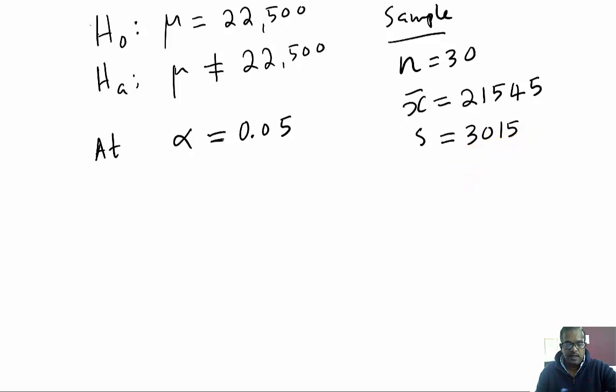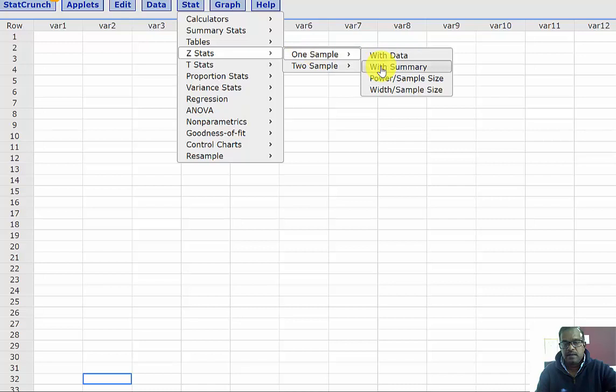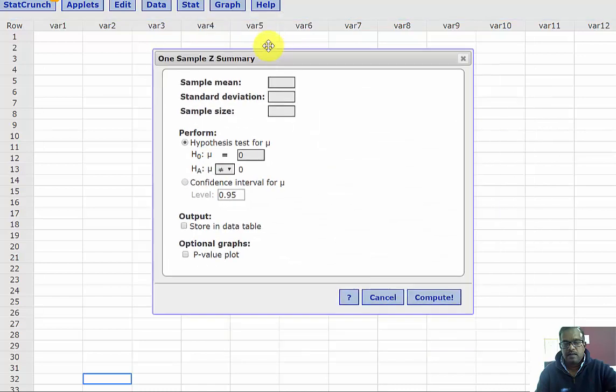So let's open StatCrunch. Again, you go to Stat, Z-test, sample size of 30, one sample with summary, and then enter this information.